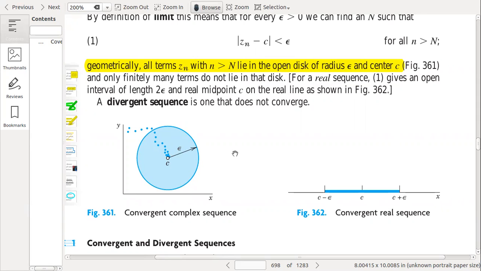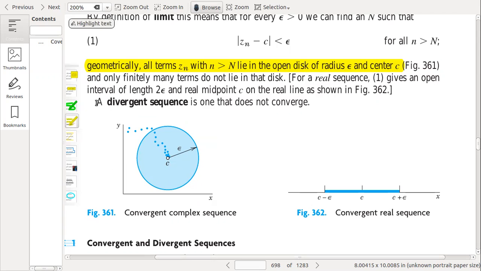There is a possibility that many terms don't lie in the disk, but only for a particular interval. For a real sequence it gives an open interval. If we want the geometrical interpretation of a real sequence, then figure 362 represents it.